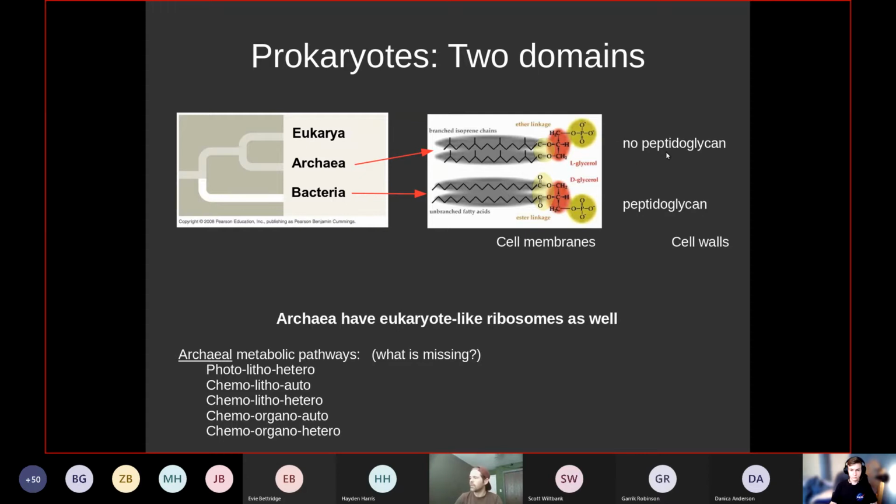Archaea don't have peptidoglycan in their cell wall. Bacteria do. And in their membranes, bacteria have this ester linkage right here, that extra oxygen, and archaea have an ether linkage. Based on our tree, our phylogenetic hypothesis, what would you predict about eukaryotic cell membranes?